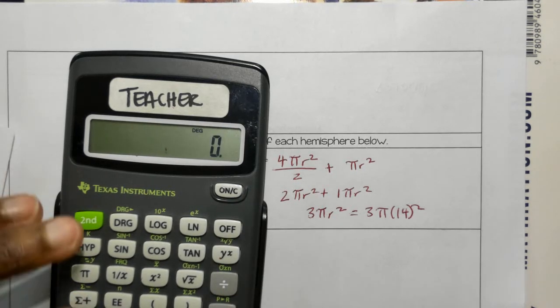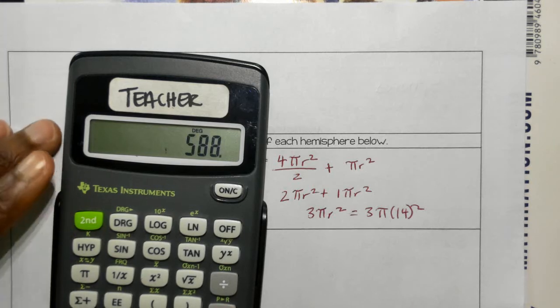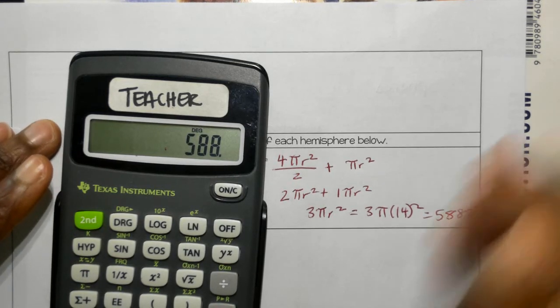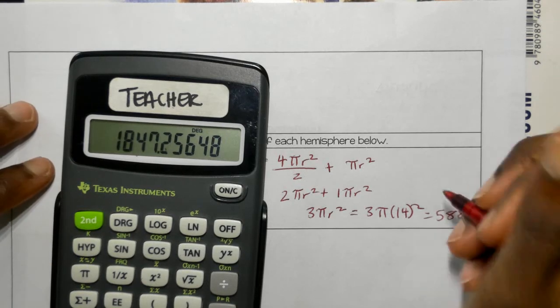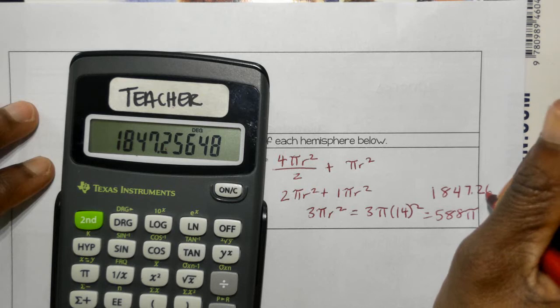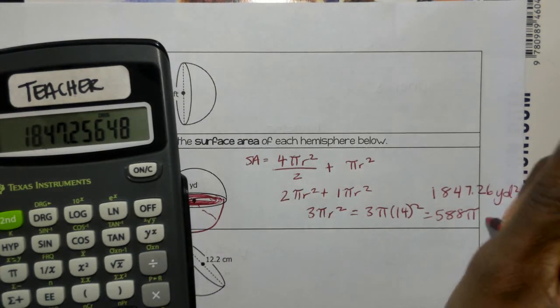So I want to do it in terms of pi first. So 14 squared times 3 is going to give me 588 pi. And then actually timesing that by pi, 1847.26. And the units for this was yards, so yards squared since it's area.